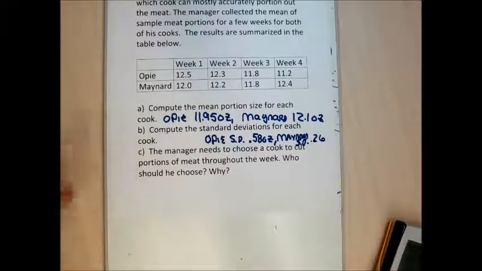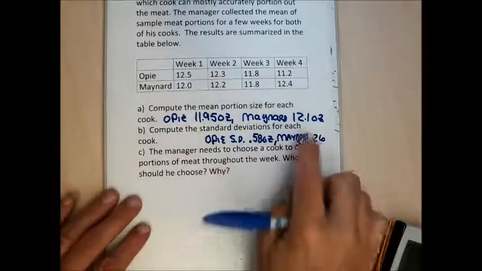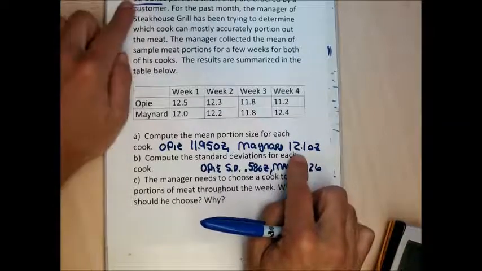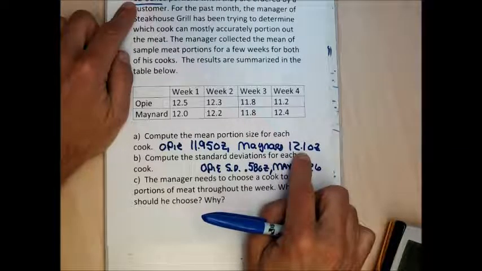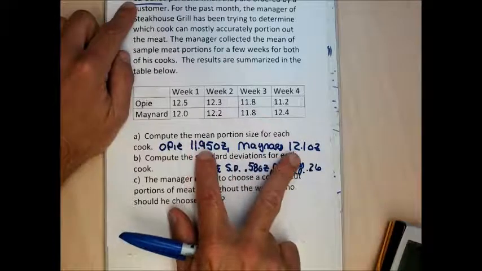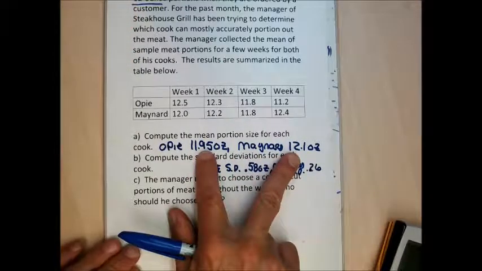So the manager needs to choose a cook, and you need to decide which one you want to pick. Maynard is making steaks bigger than he's supposed to. We're only supposed to give them 12 ounces, and he's giving them 12.1 ounces. Opie's making them smaller. Probably these differences are so close to 12 ounces that a customer wouldn't notice.